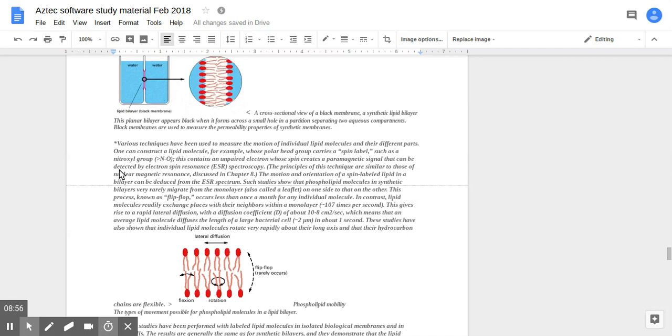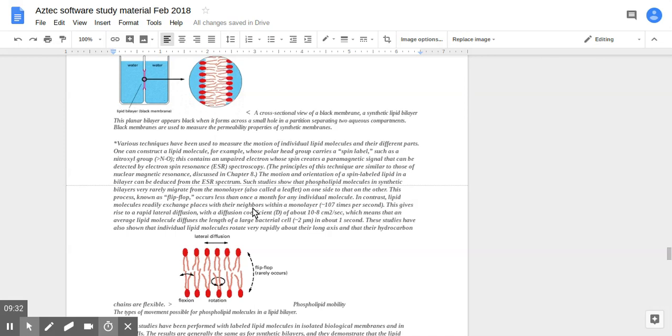This contains an unpaired electron whose spin creates a paramagnetic signal that can be detected by electron spin resonance, ESR, spectroscopy, which detects an unpaired electron, hence a paramagnetic signal. The principles of this technique are similar to those of nuclear magnetic resonance.